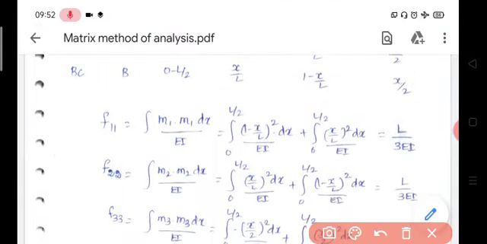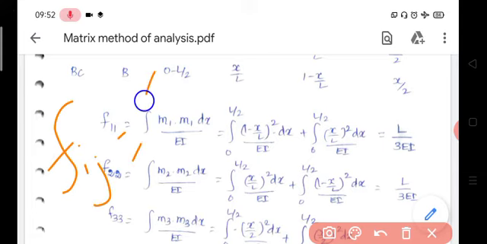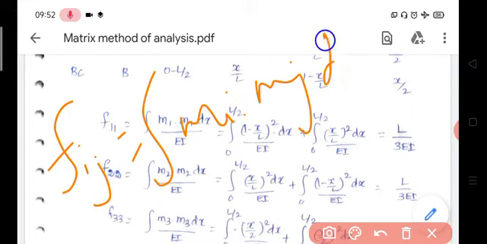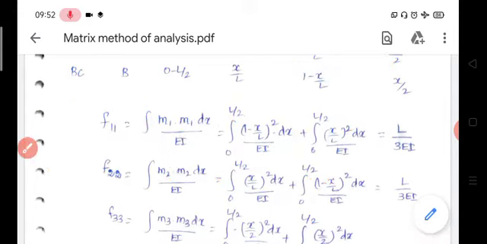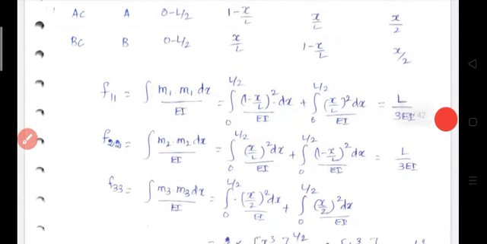Then finally F11 equals integration of, so we know the general formula Fij is equal to integration of Mi Mj dx divided by EI. Okay, this is the general formula. Now we are determining F11 equal to integration of M1 into M1 dx divided by EI. Substitute the M1 values, then the corresponding limits.